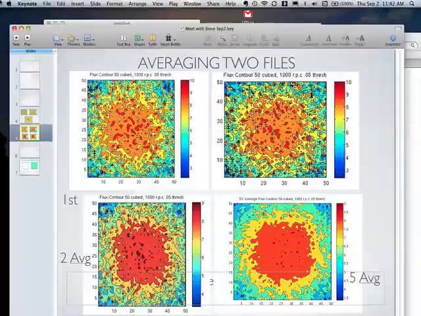It should be within the limits of the statistics, the Monte Carlo 1 over root n.